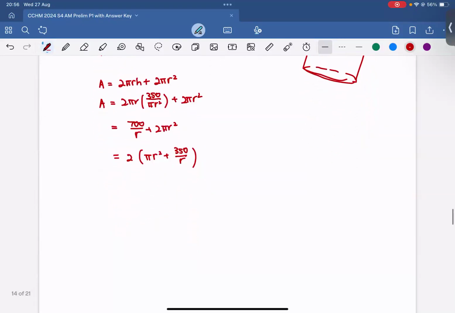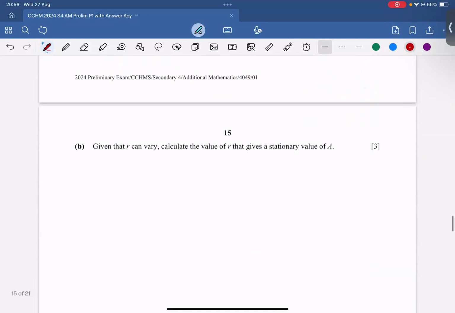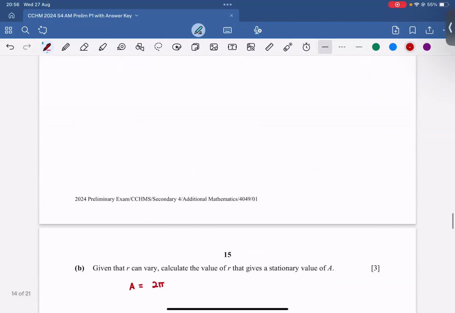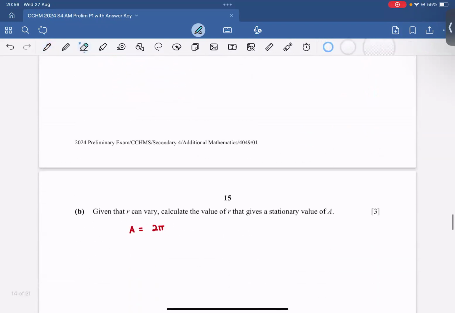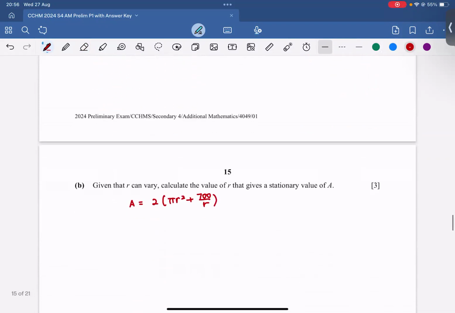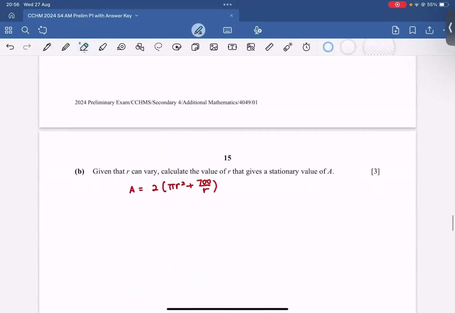Next part, they ask us to find the value of r that gives a stationary value of A. So A is actually 2 pi, bracket pi r squared plus 350 over r, sorry.